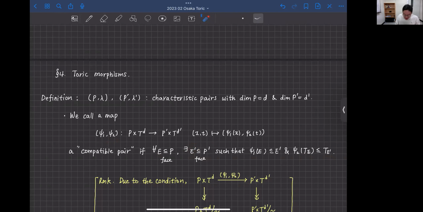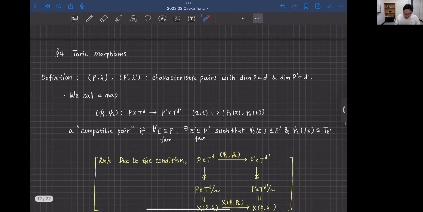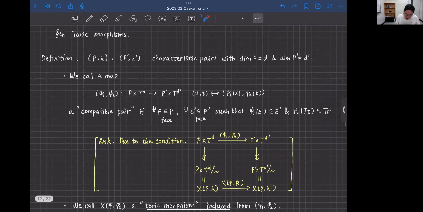I guess this condition requires some time to feel what it means. But in short, this condition implies that if we have this compatible pair, in other words, this product map satisfying this condition, then this product map naturally descends to the level of the toric variety, this quotient space.